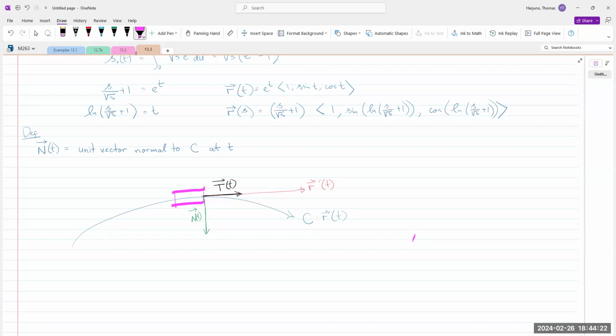Now, I said earlier that your headlight is basically your r prime t, whose unit is the capital T. Now, when you go through this curve at certain speed, then this unit normal vector here is basically the action your body applies so that your body is not thrown away from that curve.